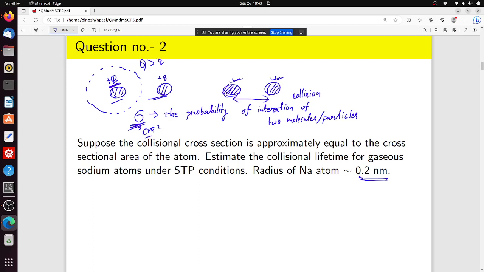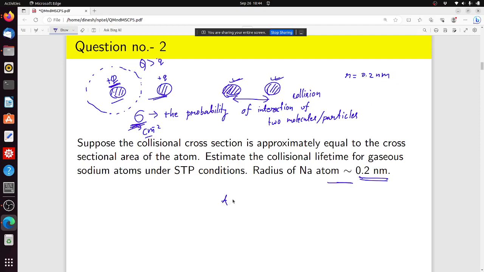So in this question it has been said that this cross section is approximately equal to the cross section area of the atom. The radius of the sodium atom is given as 0.2 nanometer.